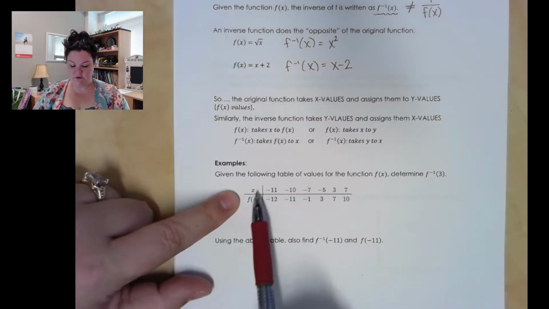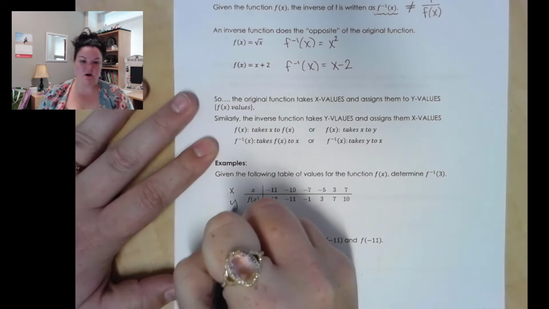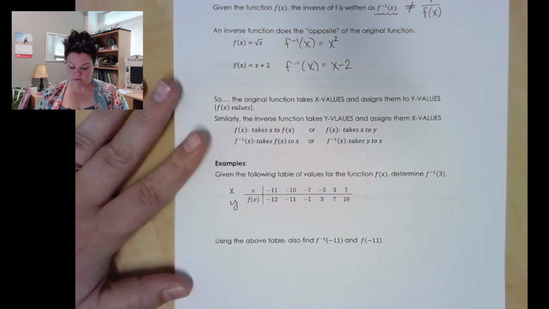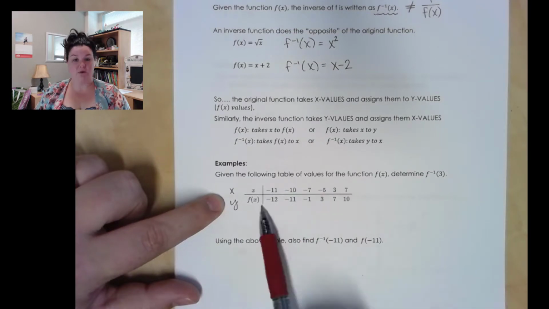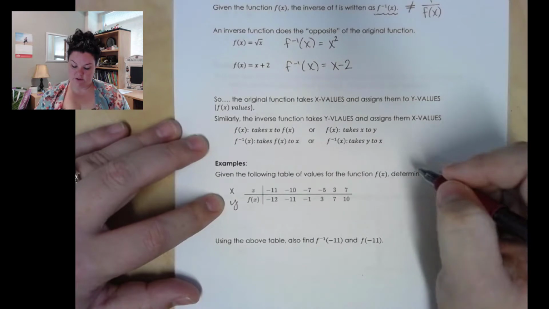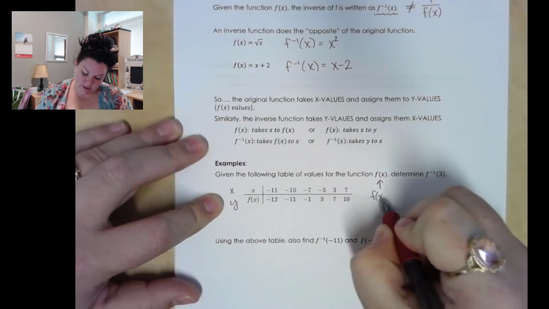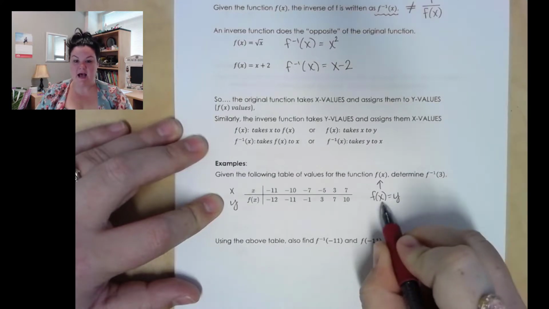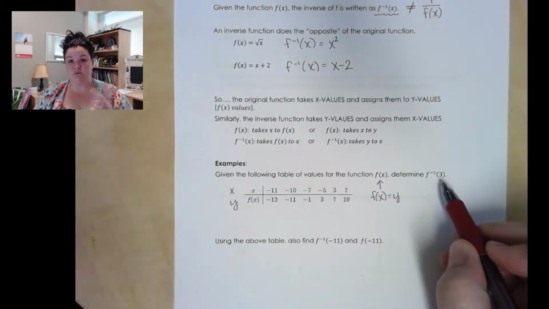So notice here, this is going from x values to f of x values, or in other words, these are our x's and these are our y's, okay? So with this function, you plug in an x and you get out a y, right? Now, let me just write it up here. If I look at f of x, I'm plugging in an x to get out a y, right? But if I'm doing the inverse, then it's reversed.